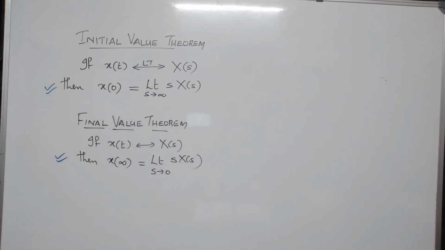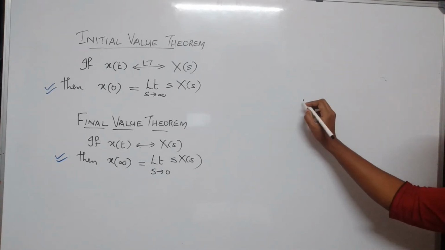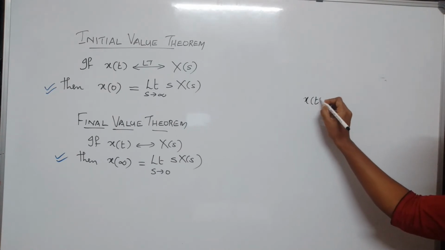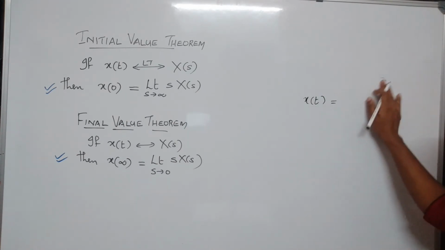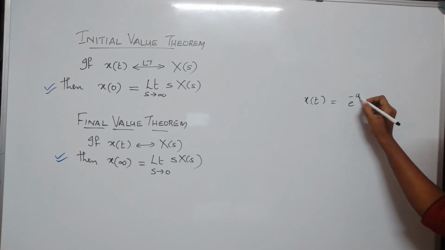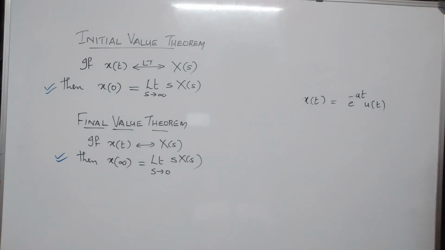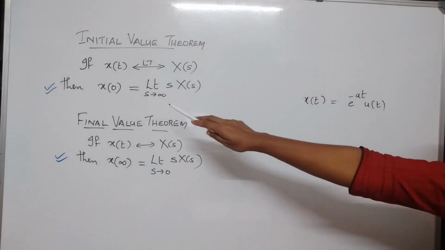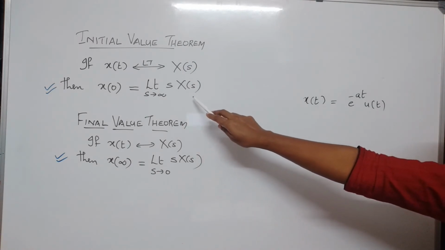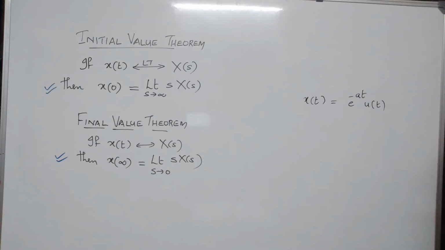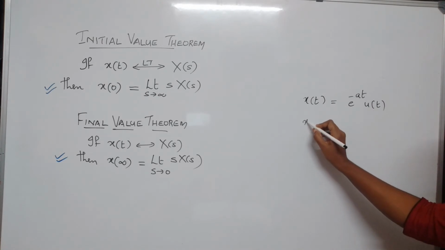For example, suppose you are given a function like x of t equal to e raised to minus at u of t, and asked to verify the initial value theorem. Verify means we have to find the left hand side and right hand side of the initial value theorem and prove that they are the same. That is, you have to find x of 0.